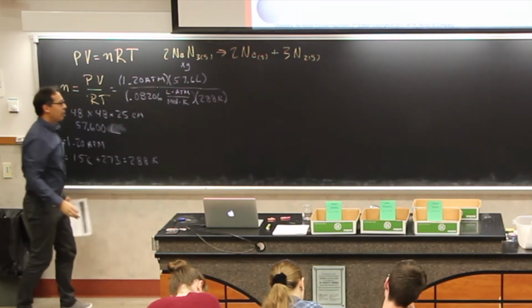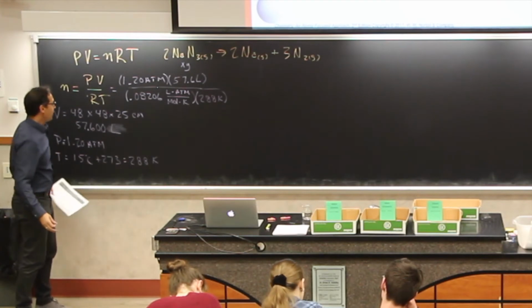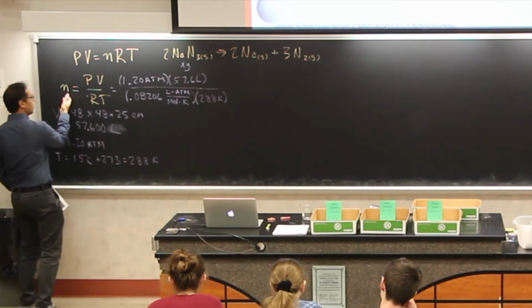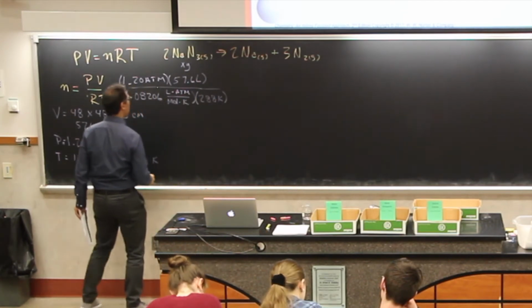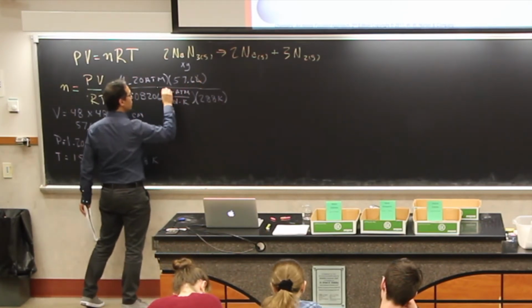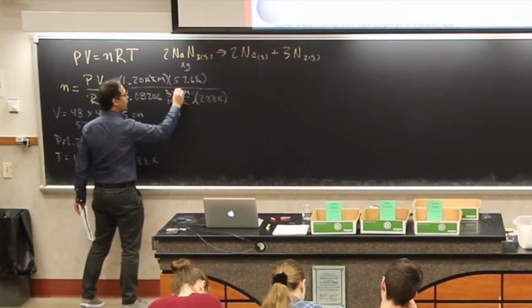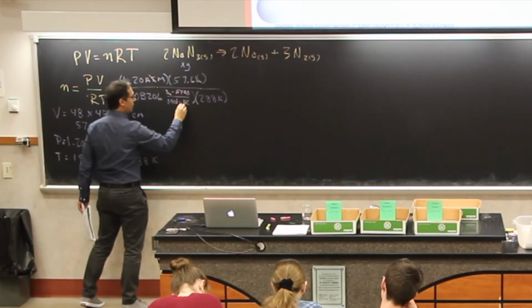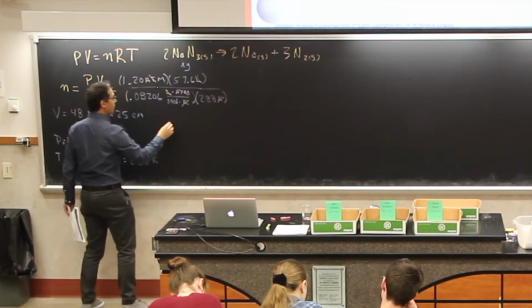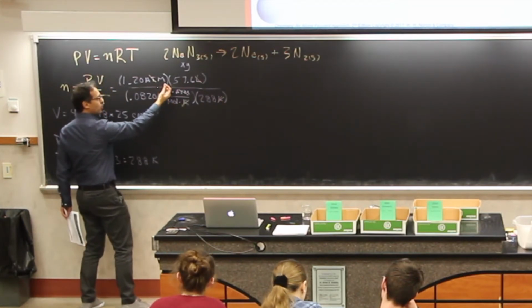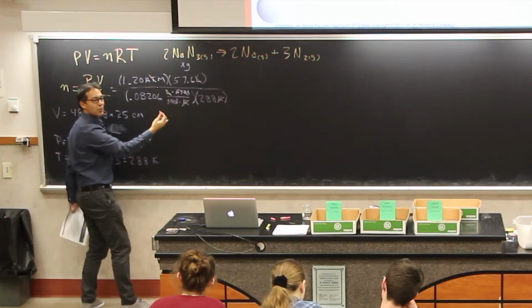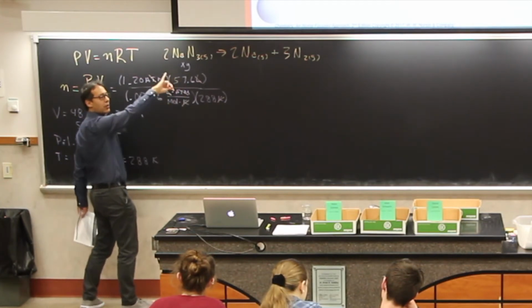When I crunch all that out, hopefully my units should cancel and I should be left with moles if I did this correctly. So I just eyeball this and go, here's liters, cancel, atmospheres, cancel, kelvins, cancel, and I'm left with moles. Now this mole looks like it's on the bottom, but it's below the line, which mathematically means it's above the line.